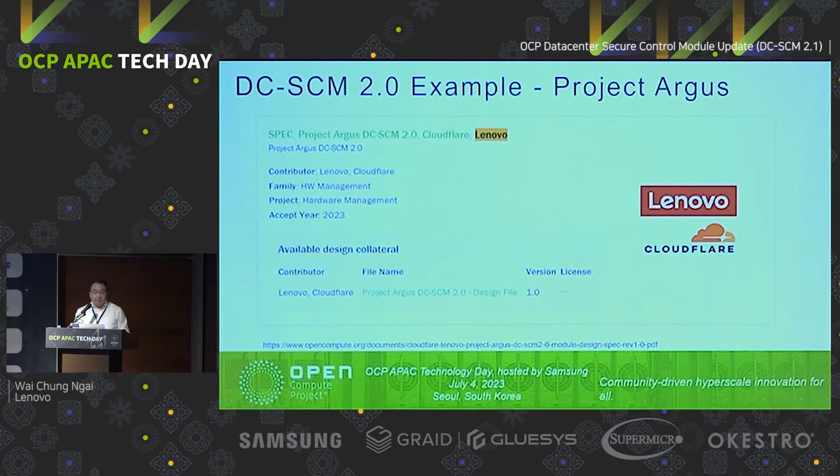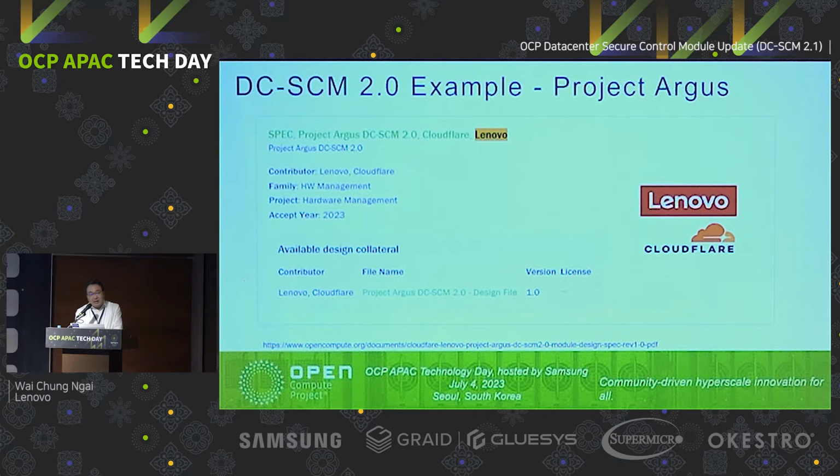And then I would like to talk a little bit about the DC-SCM 2.0 example. There's a project contributed by Lenovo and Cloudflare, actually not too long ago, it was published in May, which is a project named Argus. So a little bit of background. Why are we doing this?